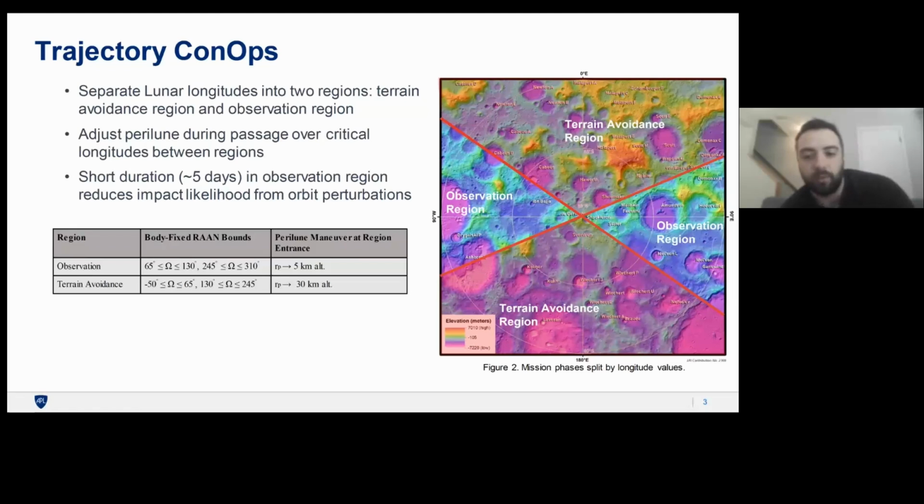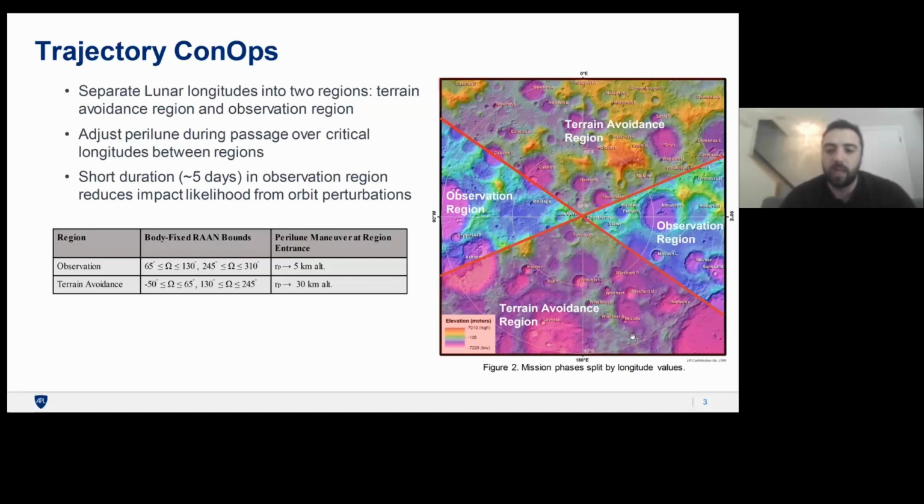be flying right at. And so the great thing about this ConOp is that we're in the observation region in the low orbit for a limited amount of time, and so with the longitude ranges that are presented here, it's about 5 days, and so we have a limited amount of time for the aspherical gravity perturbations to have a large cumulative effect on our orbit, and so orbit degradation doesn't actually occur during that time period.